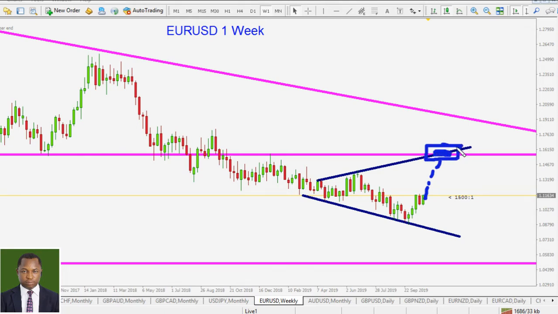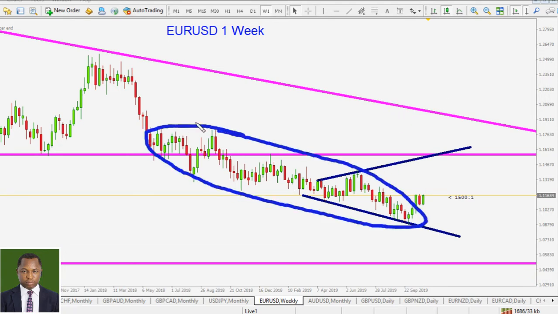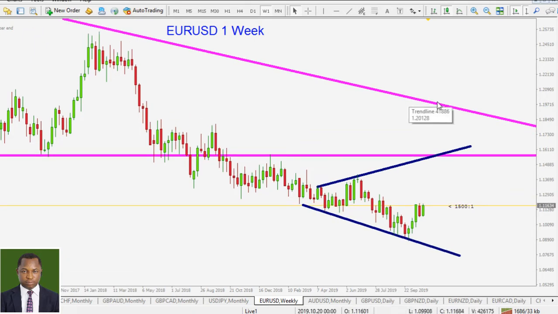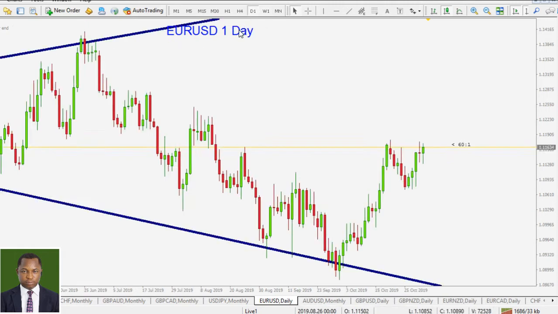For me, the best course of trading here is still to look for long opportunities. The hesitation has just been too much for so many weeks. Price has just been hesitating, where the market condition becomes so difficult for traders to trade. So right here with current price action for the euro against the American dollar, I expect price to keep pushing to the upside. All right, let's see the daily time frame.